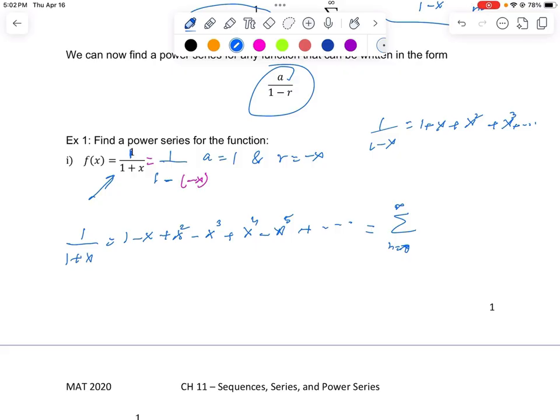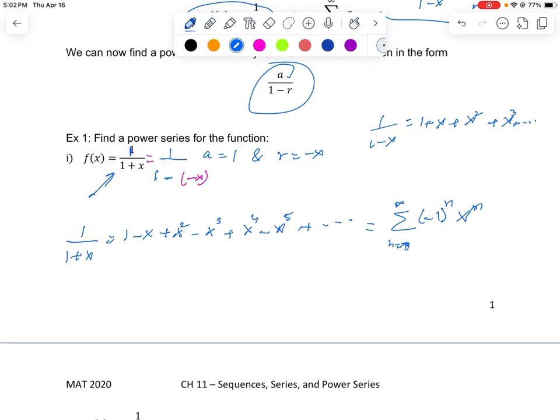Inside now, what is the difference? The only difference from the above is that we have negative 1 raised to the power n, and then x to the n is already there, so that will just stay. Now we have to be careful and check that the power on the negative 1 is correct, because the first value for n is 0.